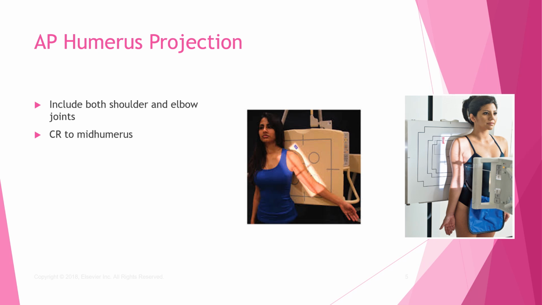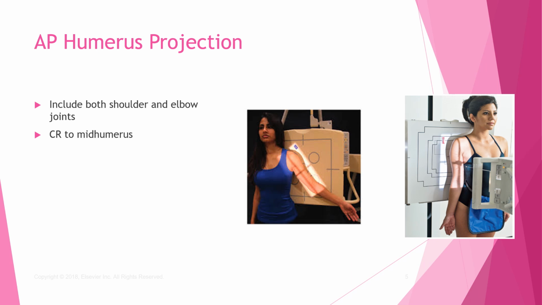The technique on this is 75 kVp at 3 mAs. And like we said, we are typically in the bucky because this part is greater than 10 centimeters and we are operating above 70, which would be required for a grid on digital imaging.